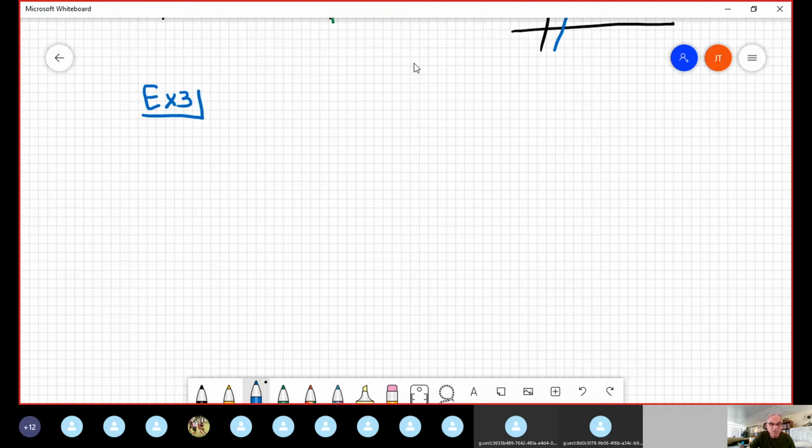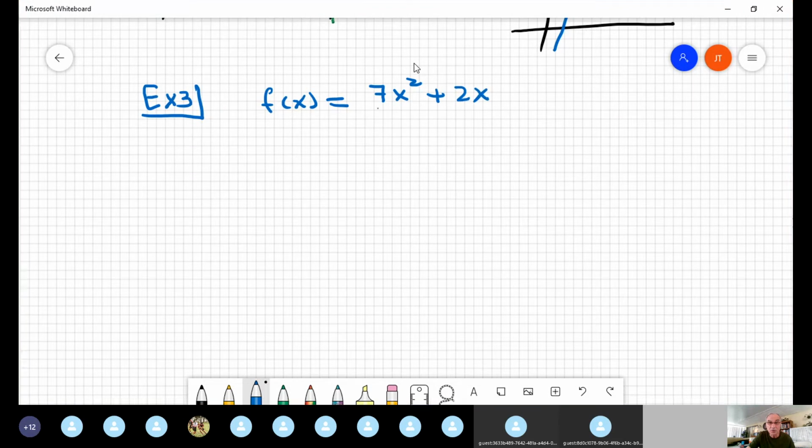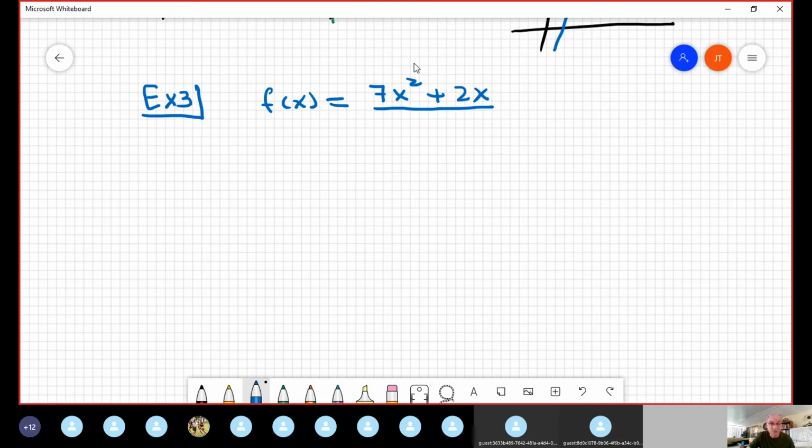Example 3. Suppose a function f of x equals 7x squared plus 2x over 4x squared minus 3.